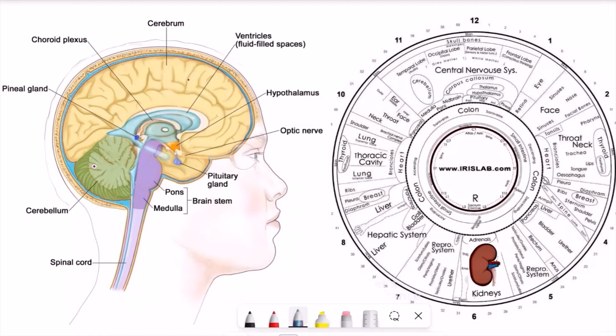We have the cerebellum, which means little brain, and that is in the posterior inferior position of the head. Then we have the cerebrum in this area, which is taking up the majority of the brain real estate.